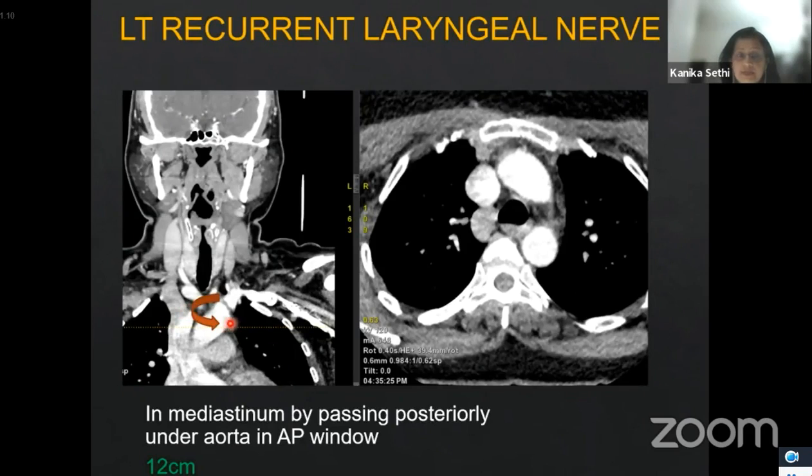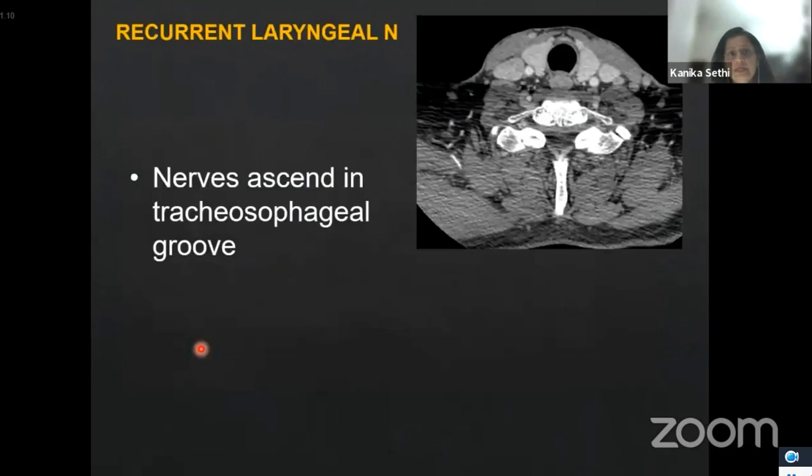Then once the recurrent laryngeal nerves have originated, they ascend up in the neck, towards the tracheoesophageal groove. So that's the vagus nerve, which comes down along the carotid space, whereas these are the recurrent laryngeal nerves which ascend up into the tracheoesophageal groove.